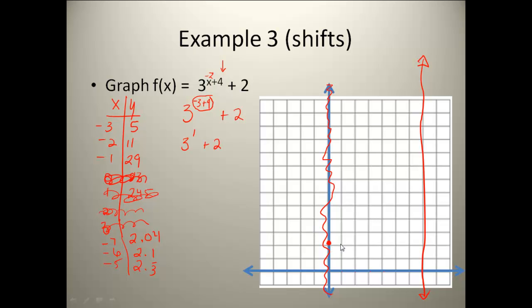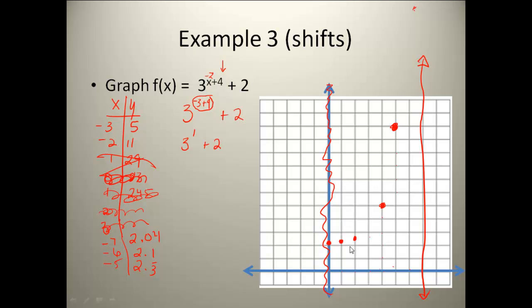And then -6 is to 2.1, -5 is to 2.3, -3 takes me clear up to 5. Okay, I'm not going to graph -129 either, because that's going to be clear up here again.